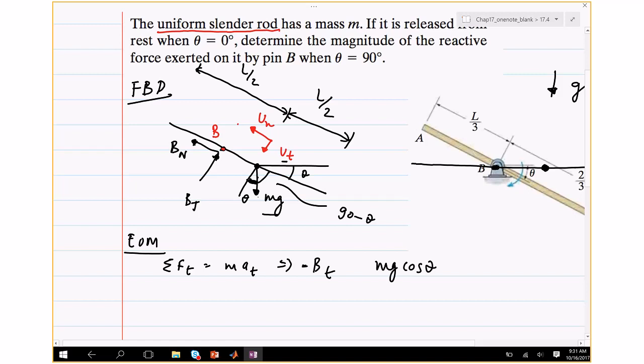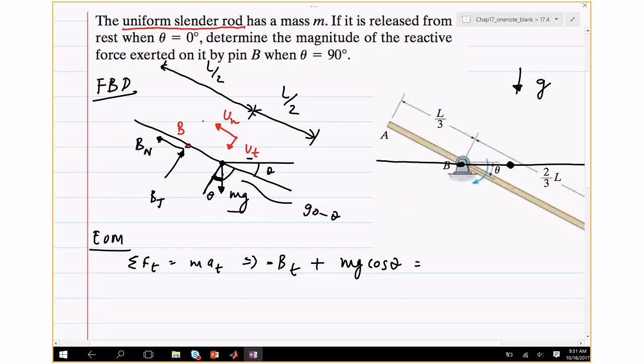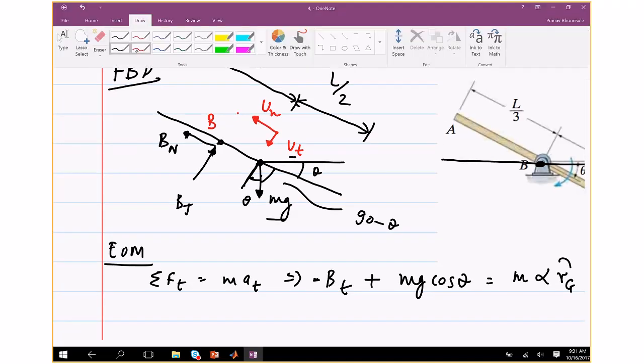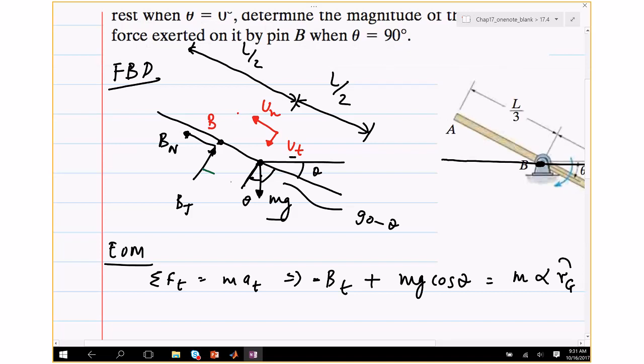So when I do mg cosine of theta, this force acts in the ut direction, right? So it's positive, equals mass times the acceleration. So acceleration in the tangential normal frame is alpha times rg, where rg is this distance. What's that distance?